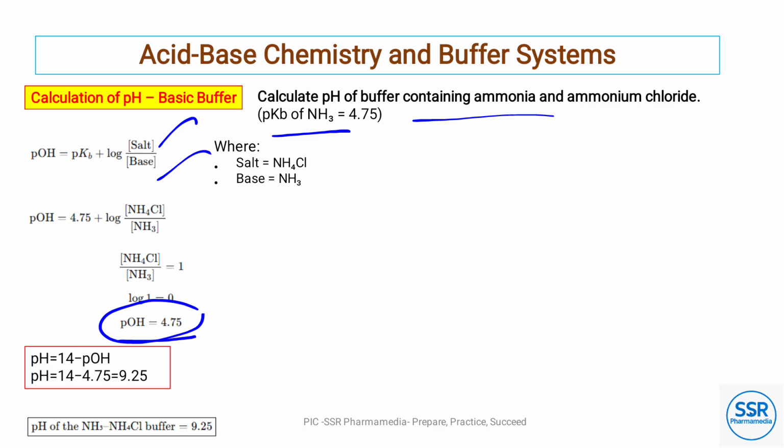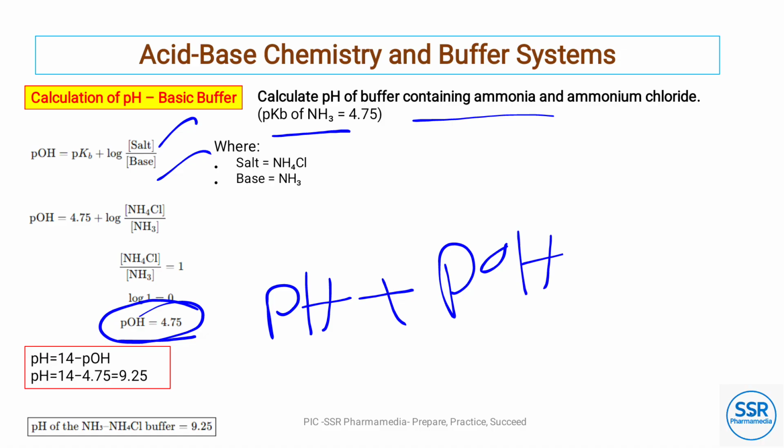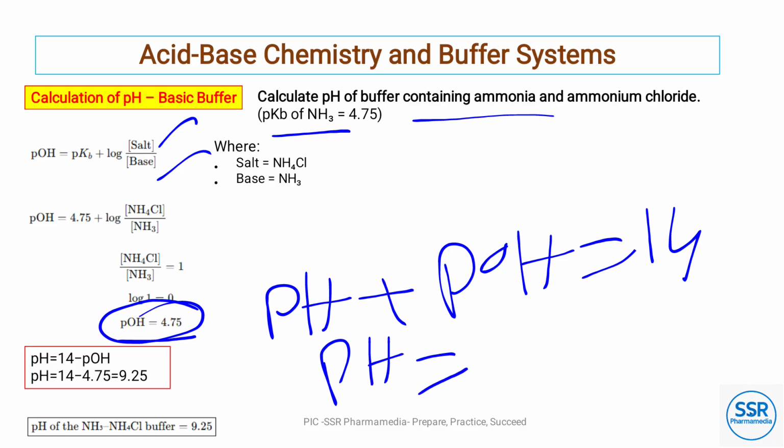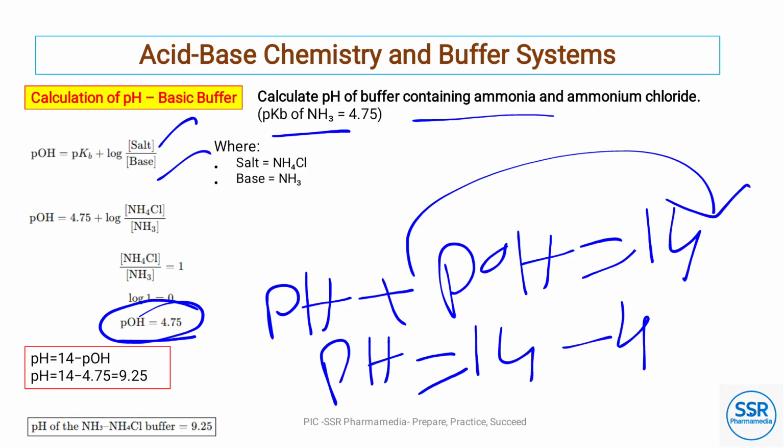You have to substitute this pOH in this formula. I already told you pH plus pOH is equal to 14. So pH is equal to 14 minus pOH, 14 minus 4.75, so it gives 9.25.